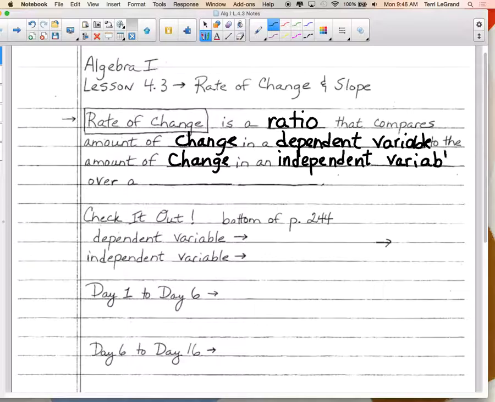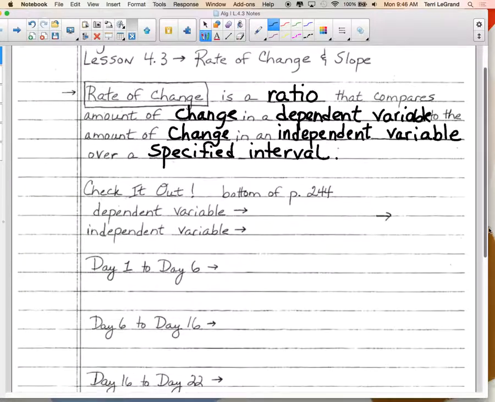X. So when we talk about rate of change, we're going to set up a ratio. But in that ratio is going to be some subtraction going on because we need to find the amount of change that is going on. We need the dependent change upstairs, we need the independent change downstairs, and it's over a specified interval.